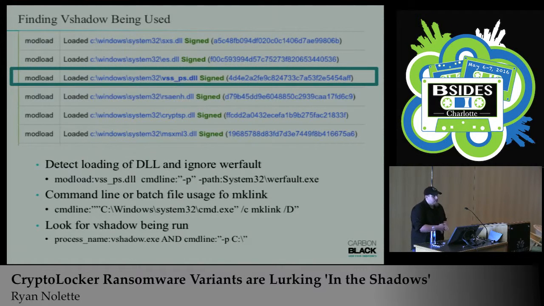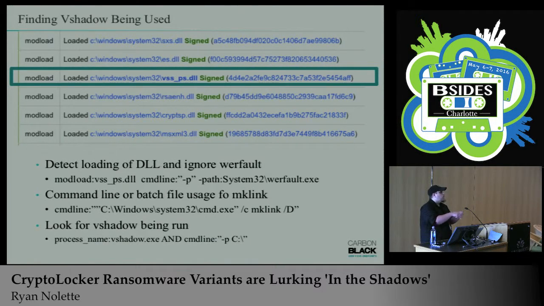The last thing that I look for is vshadow.exe at the command line being run with the -p option in order to create the pointer and that symlink. So these are three different queries that you can run in your environment, depending on what your security tools on the actual system can see. Here are the different variants.